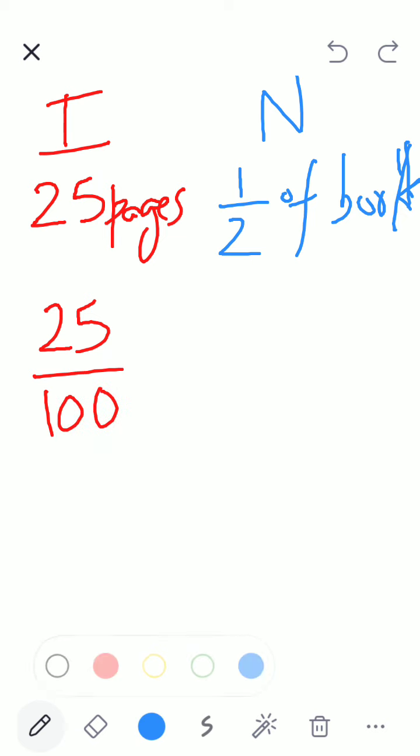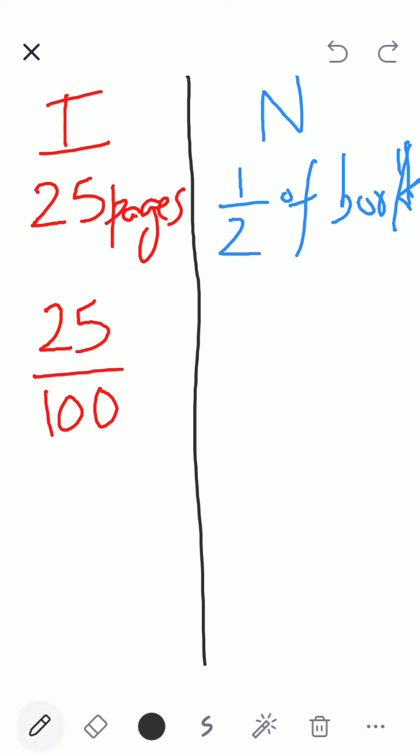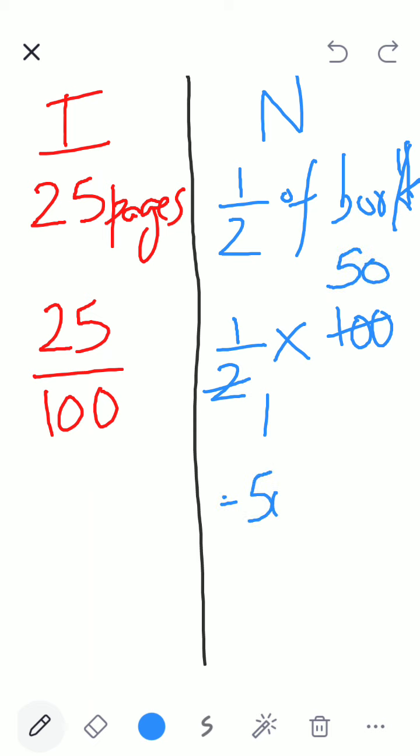And the fraction of the book Nagma read was half of 100, the total pages. So she read half of 100 pages. In fractions, magic happens. Of always becomes multiplication. So 2 ones are 2, 2 fives are 10, 2 zeros, equal to 50 pages.